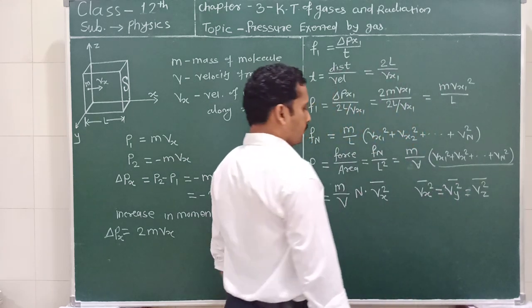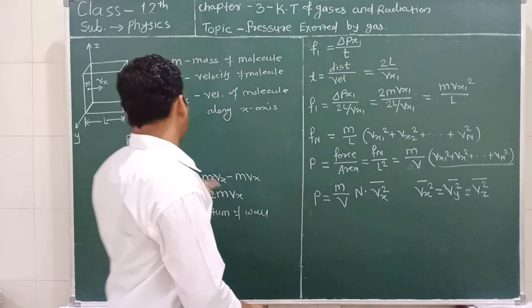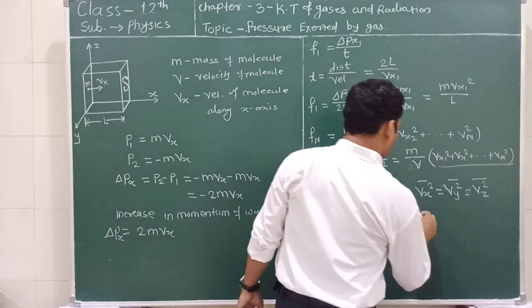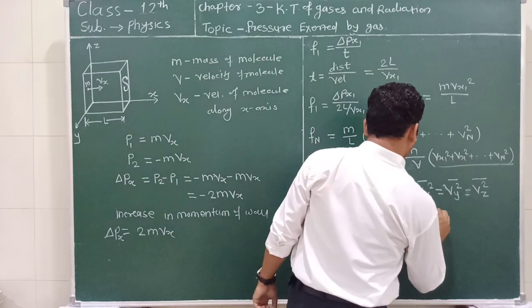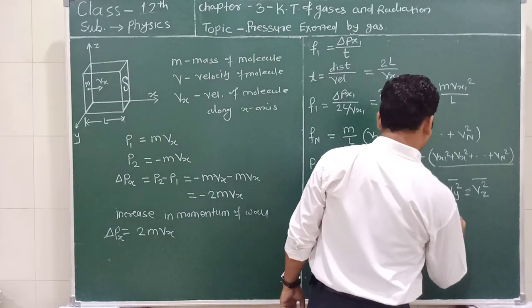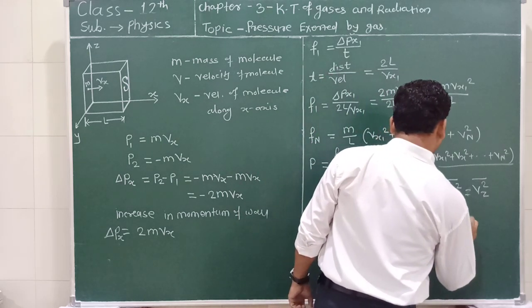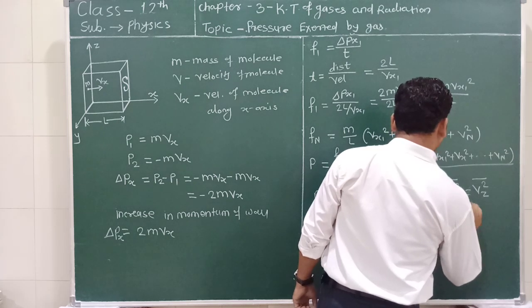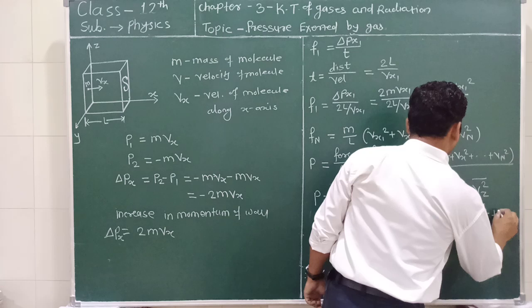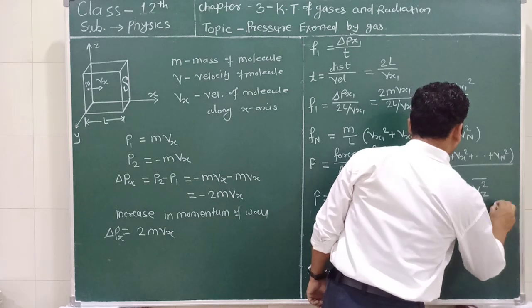All velocities are equal along the x-axis, y-axis and z-axis. And also we can write V square bar is equal to Vx square bar plus Vy square bar plus Vz square bar.